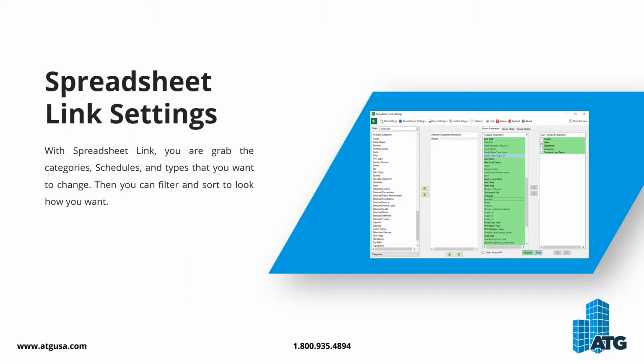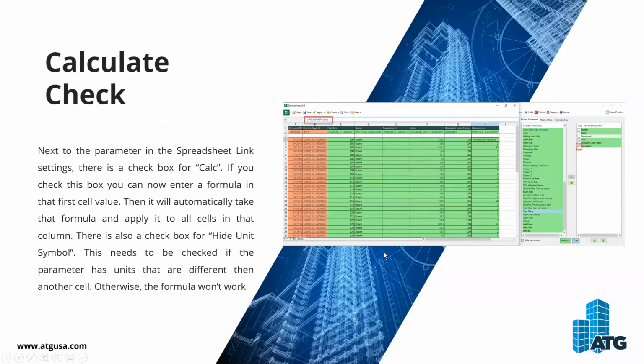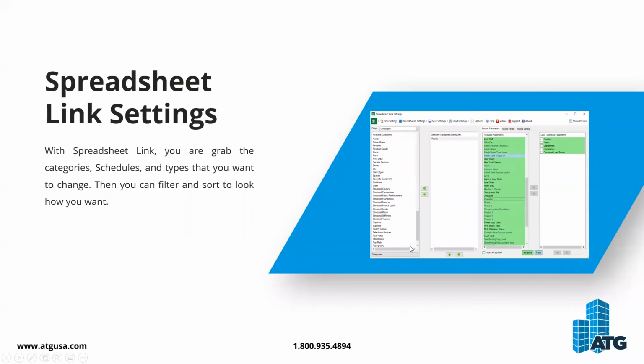At the bottom there is a little drop-down option that allows you to pick between categories, schedules, and types. Once you pick that, you can pick the category you want to use, and then the parameters that you want to associate with it. There is also the ability to create filters and sorting.